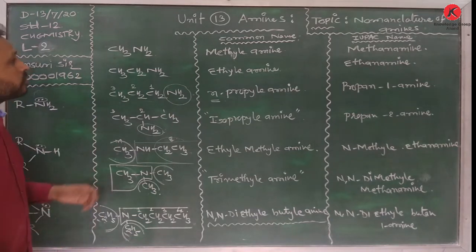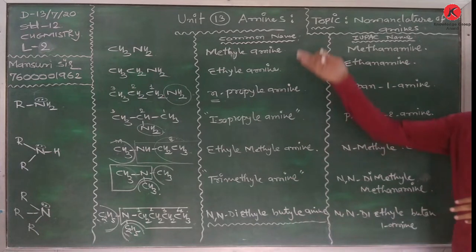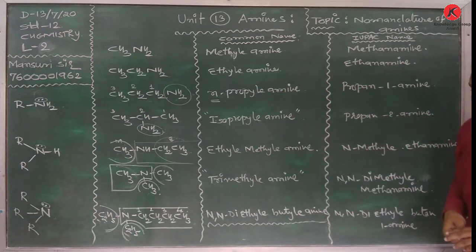Okay, so further we will discuss nomenclature of amines, right? Butanamine contains 4 carbons. We will see further.